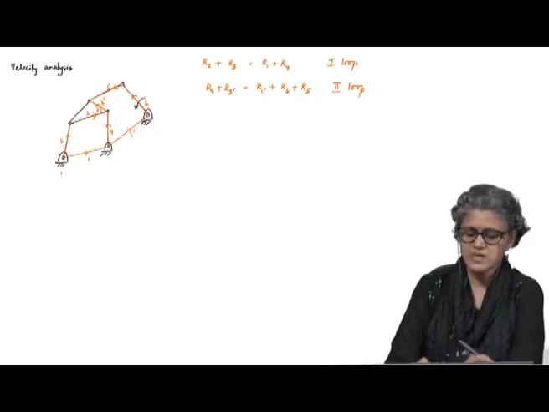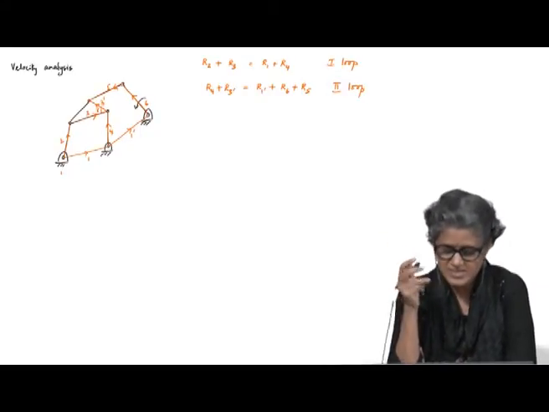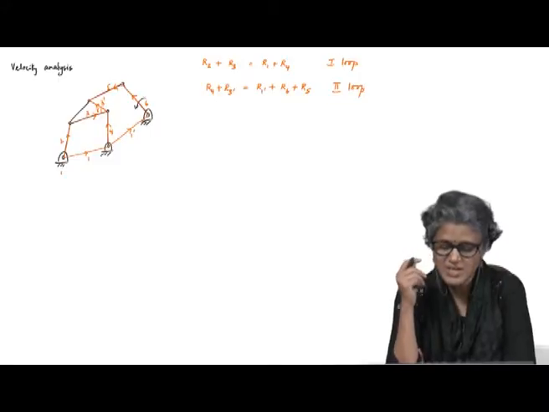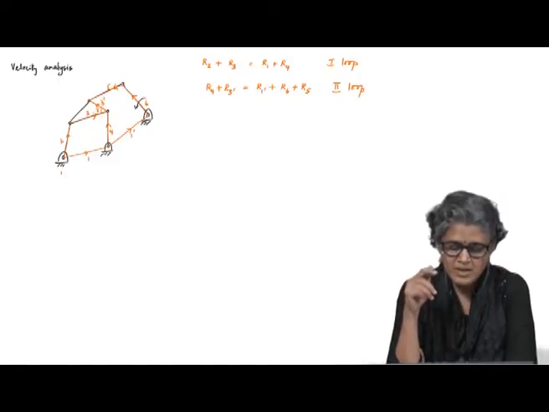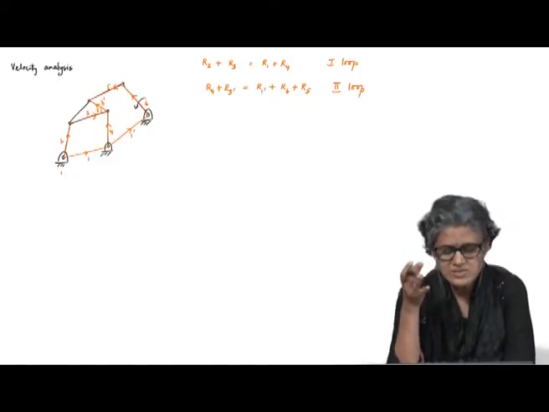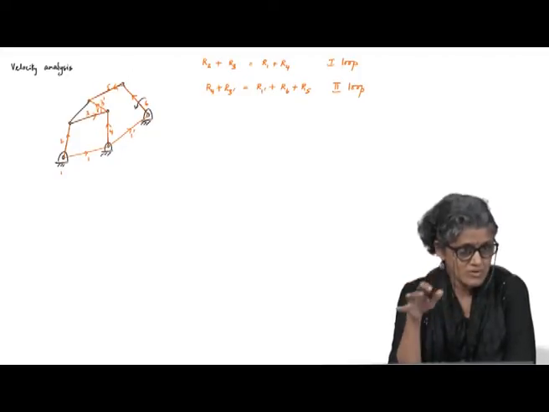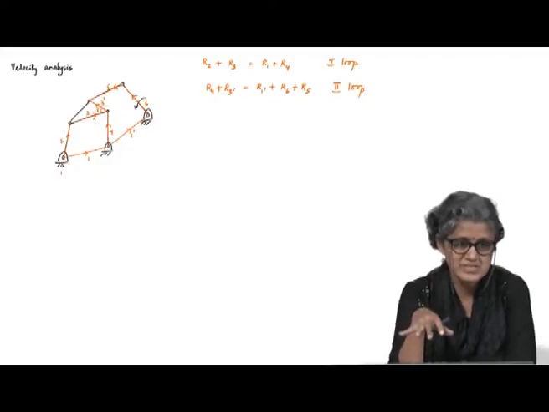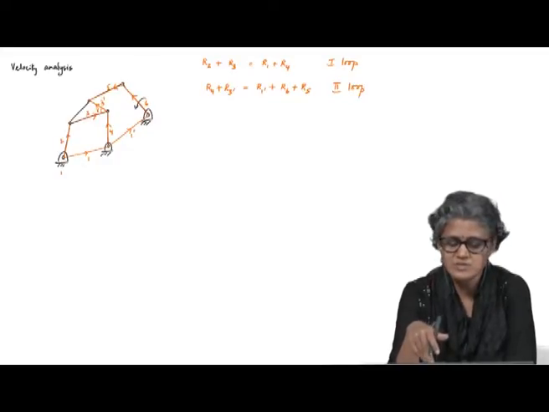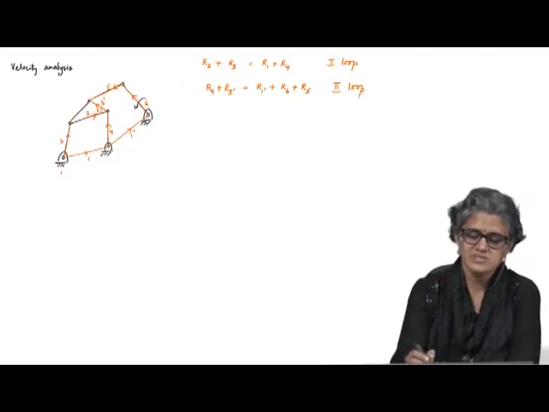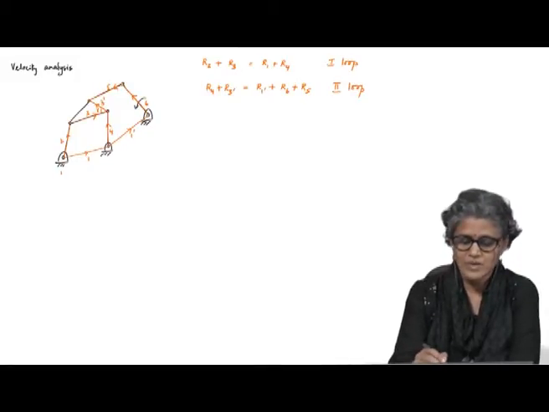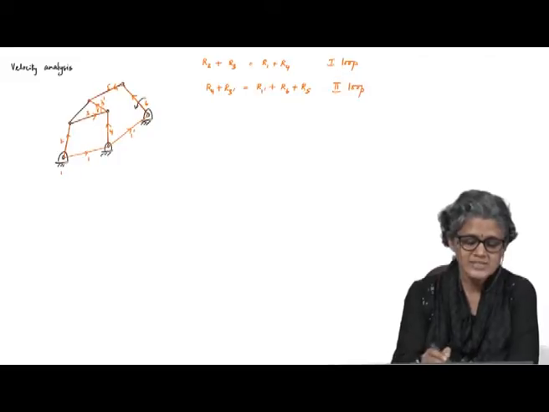So, assume the position analysis is done. Like I said, analytically position analysis is difficult, but what you can do is, for a specific position, even finding the position of all the points in the linkage may be a challenge. Okay, because for this one, for instance, if I give you this angle as the input, knowing all the link lengths, getting this point is still going to be a challenge.